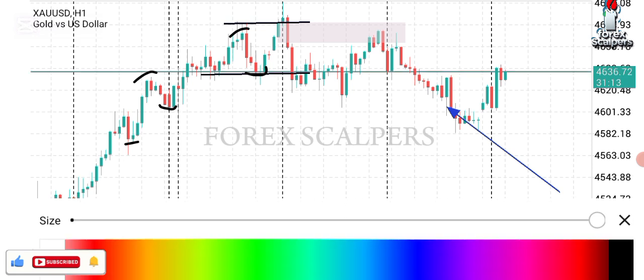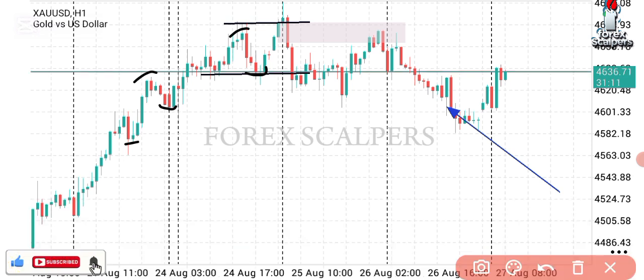So we had liquidity sitting in this zone. There's a liquidity here, that's the upside liquidity, and here the downside liquidity. So the next thing that happened was that price came down here and broke structure.